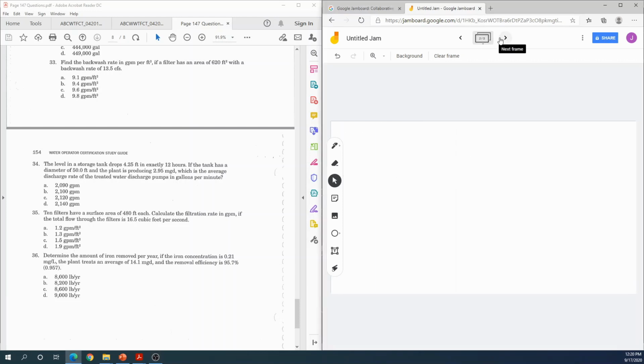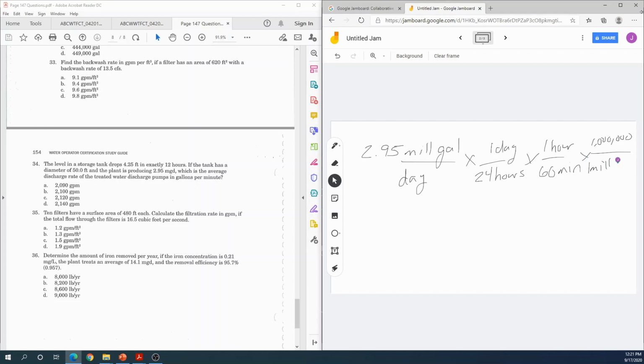So we know we have 2.95 million gallons per day times in 1 day, we got 24 hours, times in 1 hour, we got 60 minutes, times in 1 million gallons, we actually have 1 million gallons.